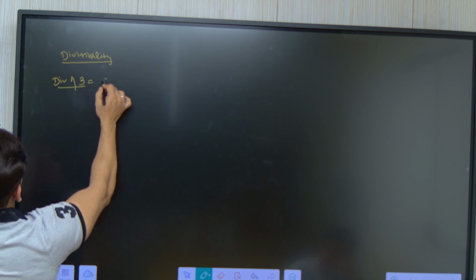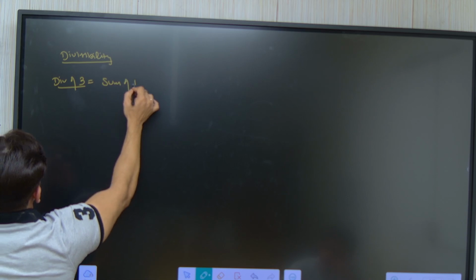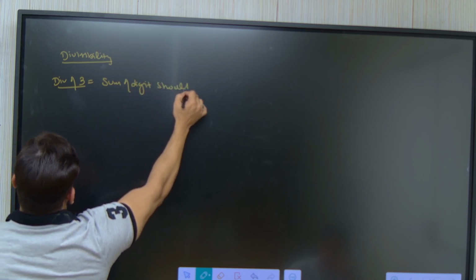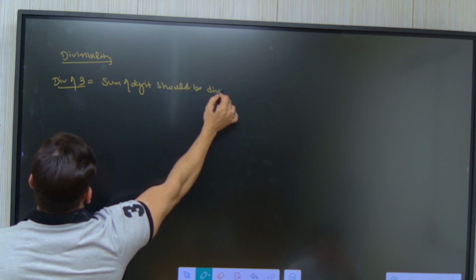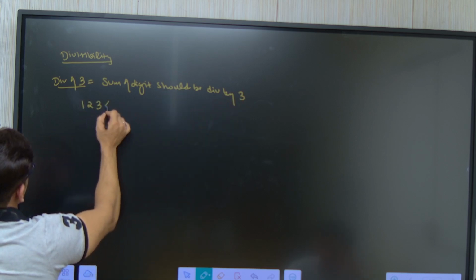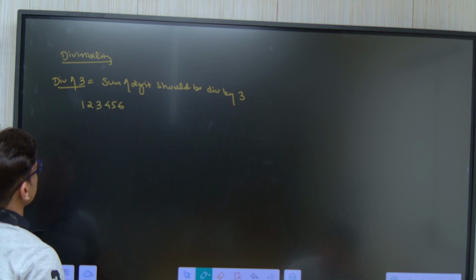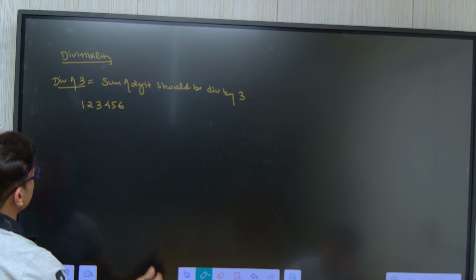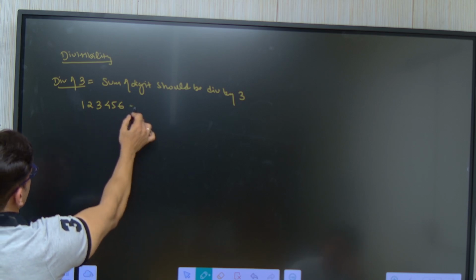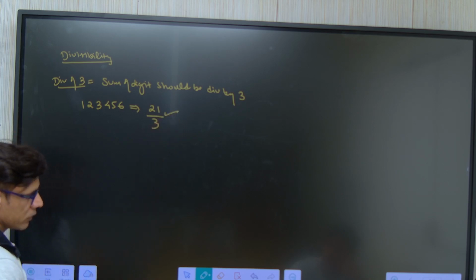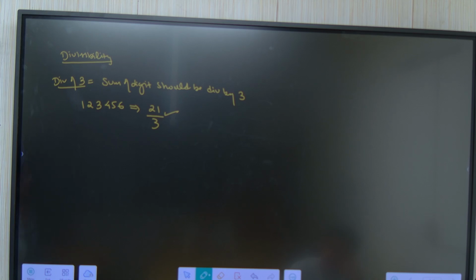The sum of digits should be divisible by 3. For example, if you have the large number 123456, we want to find out whether this number is divisible by 3 or not. You add up all the digits. What is the summation of the digits? 21. Is 21 divisible by 3? So the number is also divisible by 3.